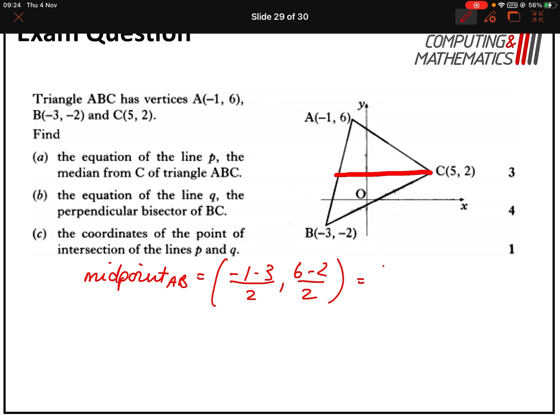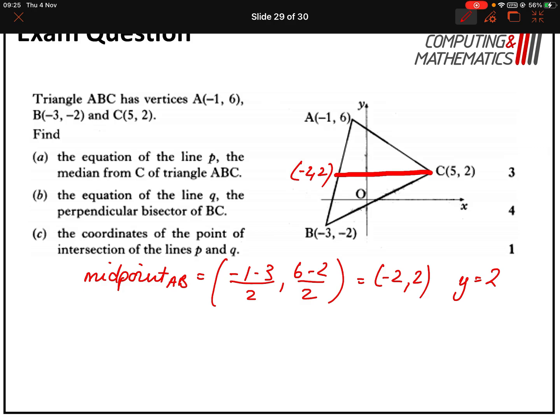So I've got minus 2, 2. Right, now as you can see, minus 2, 2, it's a horizontal line. Okay, so if it's a horizontal line, then the only coordinate that's staying the same is that y is equal to 2, and that's the equation of the line. Okay, you can substitute it into y minus b equals m bracket x minus a once you realise that your gradient is 0, and you'll get the same thing out.